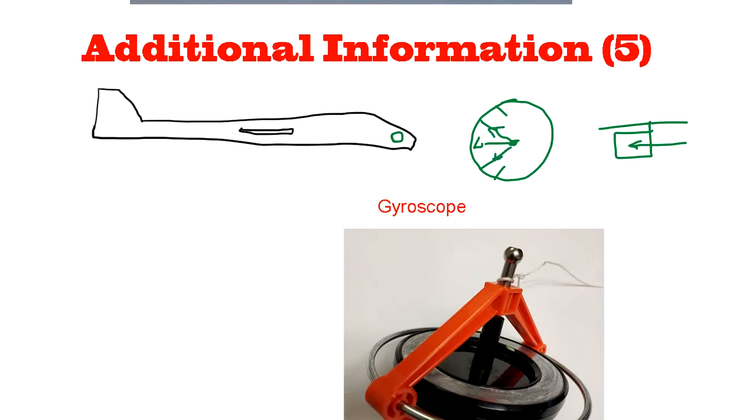pitch up, pitch down. So the pitch is this angle. This is the angle of attack, and when it goes down, it goes this way. So this printed dial rotates depending on this angle, which way the pitch goes.